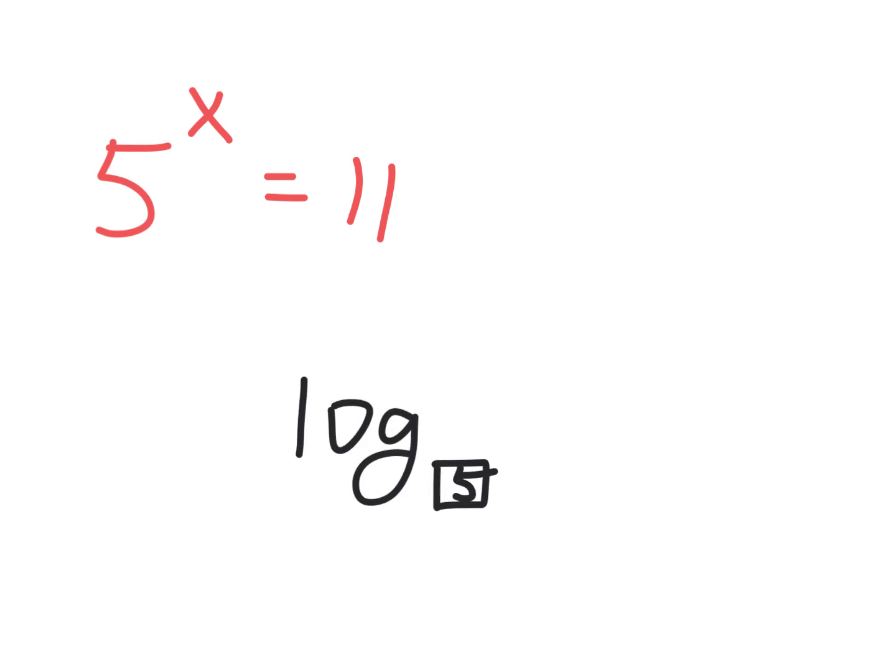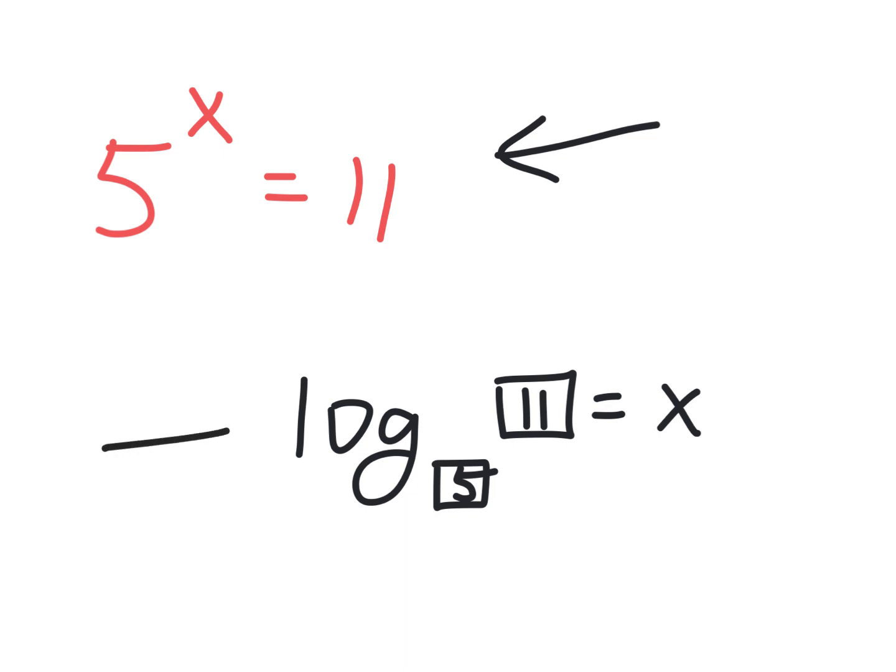And then what's next? It goes right here. It's called the argument spot. 11, very good. Equals? Yes, that's how you rewrite it as a log. This one's in exponential form. This one's log form. Now we've practiced everything. You've got to be able to go back and forth. If I give you log form, you've got to be able to make the exponent. If I give you an exponent, you've got to be able to make the log.